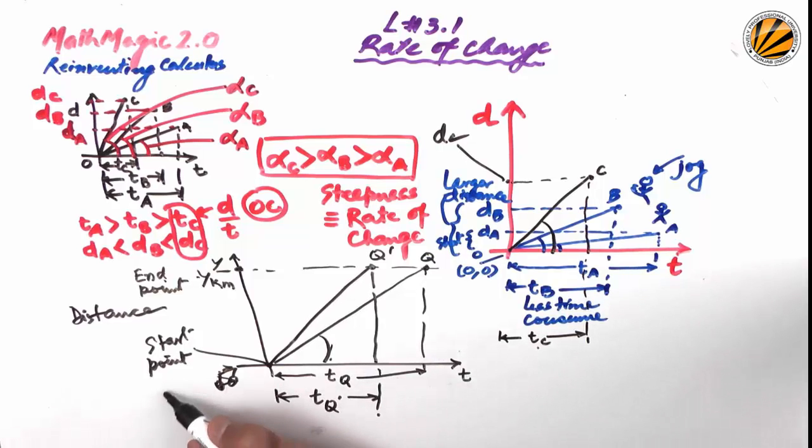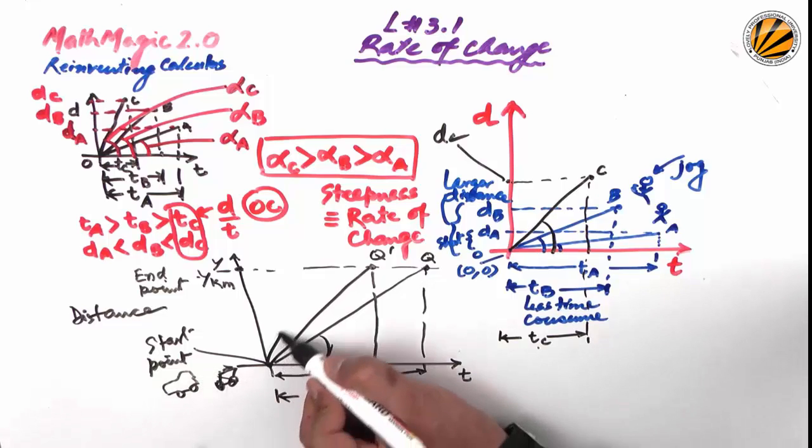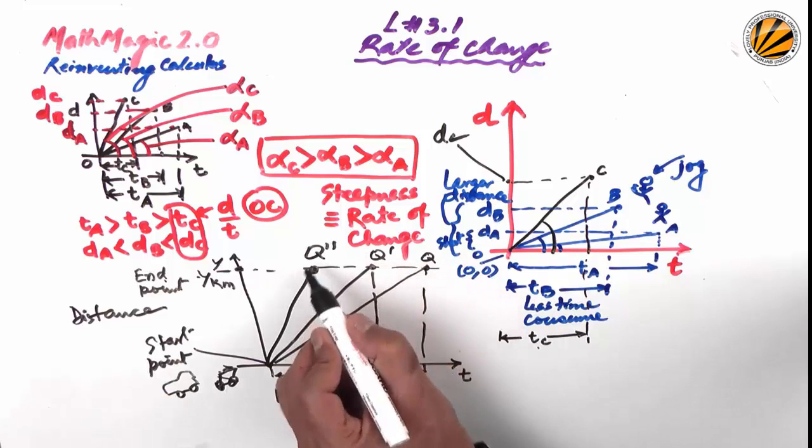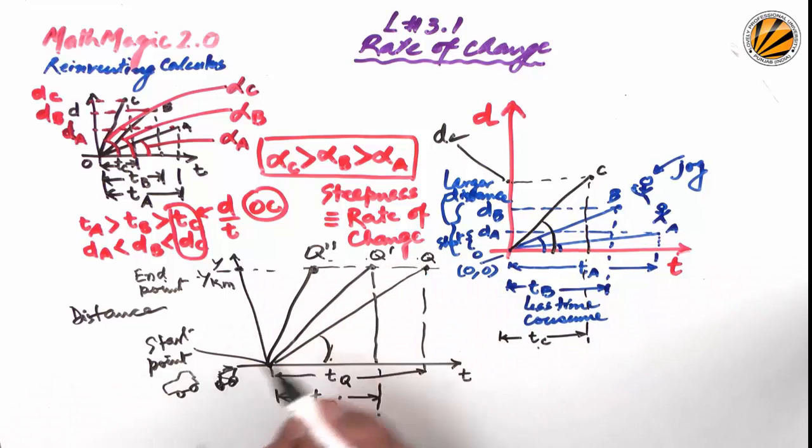But if the person is driving a car, which is possibly faster than the motorbike, then it will be something like this, and to reach Q double prime, because they belong to the same distance from the start point as this is the end point, the steepness is highest and the time taken over here would be the smallest. So TQ double prime would be the smallest.